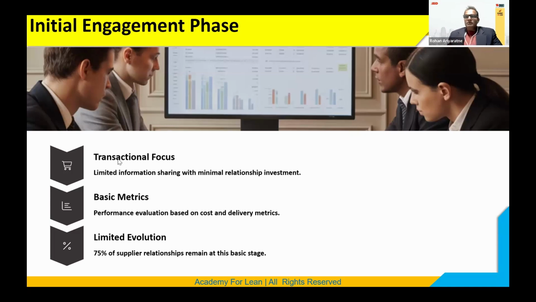If you are engaged with them and tell them, okay, you have to create a hosting country, then they will look at upside and down, upside and down. Okay, what is this? So please don't complicate them. You should create a basic matrix to evaluate them, then you can very easily monitor their performances. And yes, limited evolution, like 75% of supplier relationships remain at this basic stage. Like at the initial stage, 75% of suppliers are performing together.